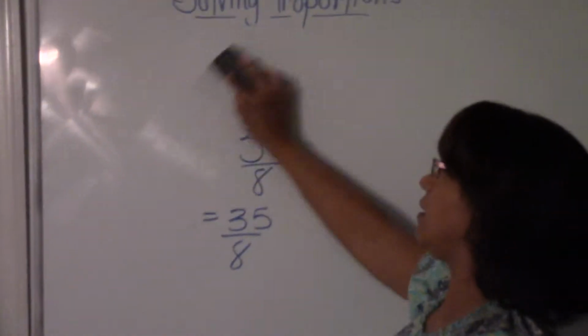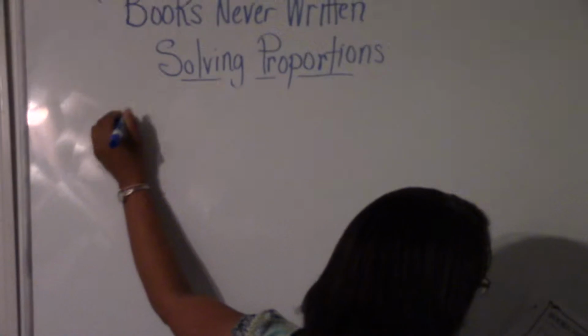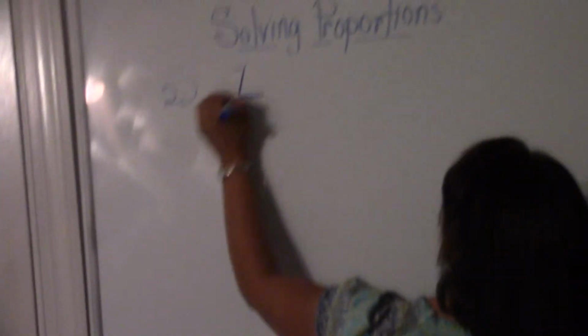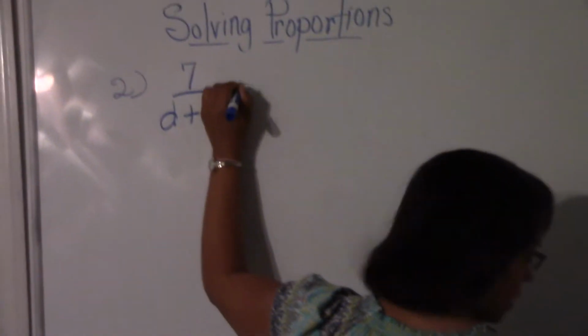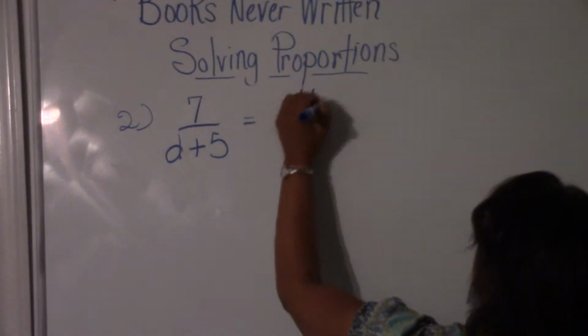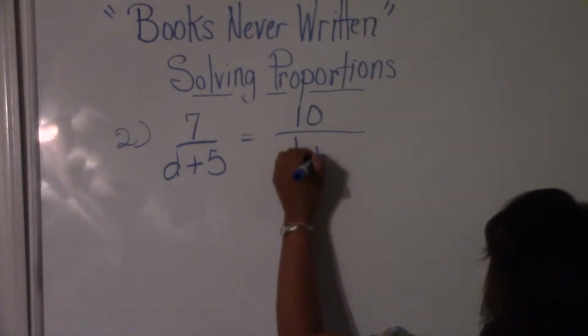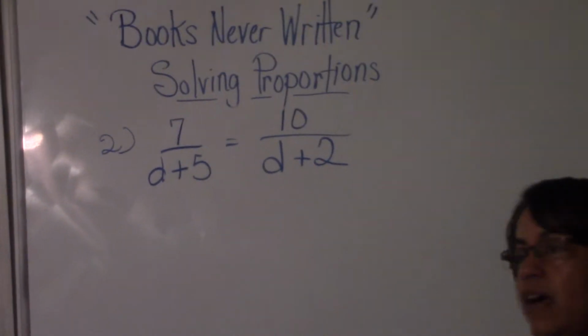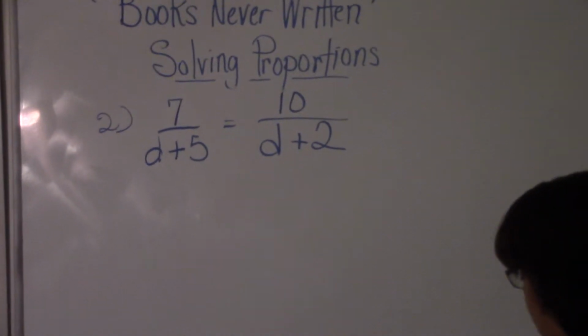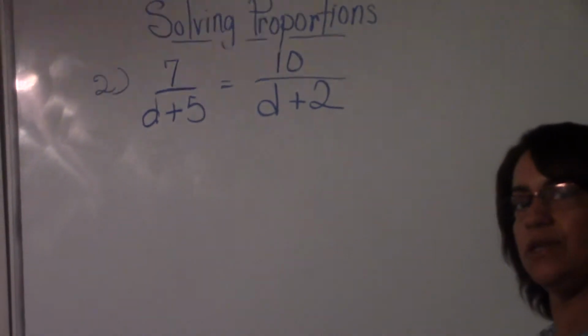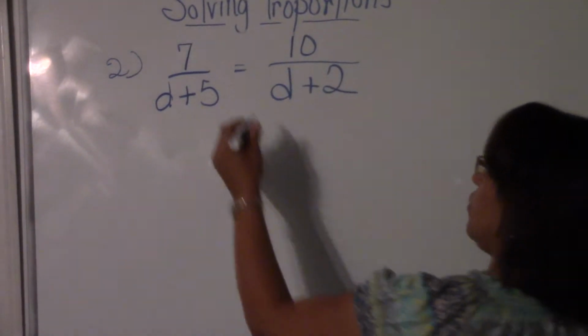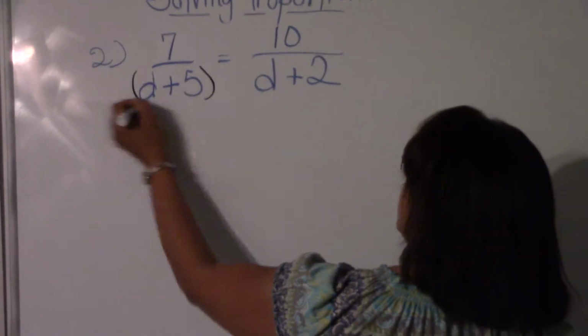You can write this down as your example number 2. 7 divided by d plus 5 is equal to 10 divided by d plus 2. Well, we have two binomials here. When you have a binomial, it's a good idea to put parentheses around it so that you can distribute. So we're going to put parentheses around our binomials.